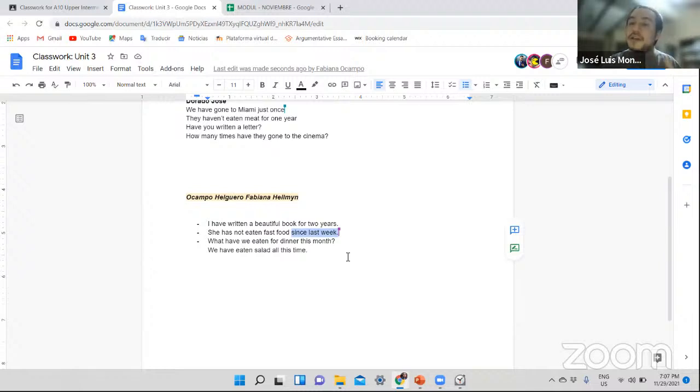That's why we consider that indefinite and unspecific. Okay, the other option, Fabiana, is that you delete since last week, and you can change that to yet. She has not eaten fast food yet. That's also a valid form, a valid expression for negative.